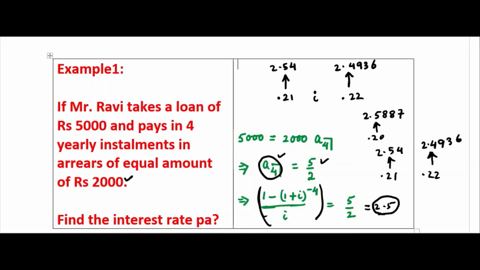We want 2.5. This is an annuity problem, but here I is not given. We are finding I. So we are able to keep I between two interest rates, 21 to 22. Now we know that the interest rate will be between 21 and 22%.